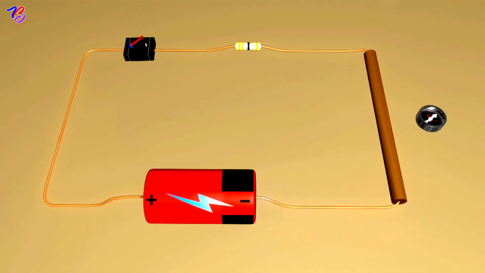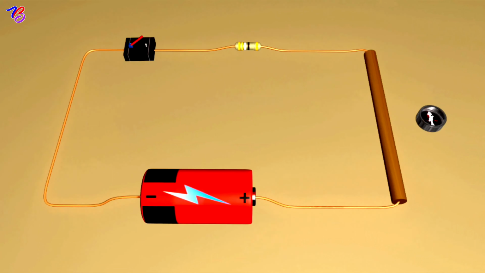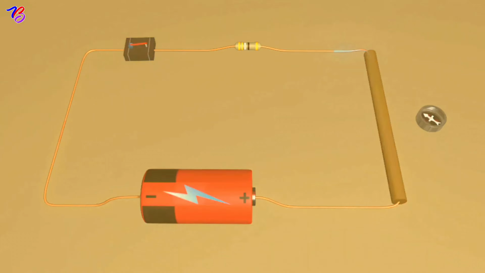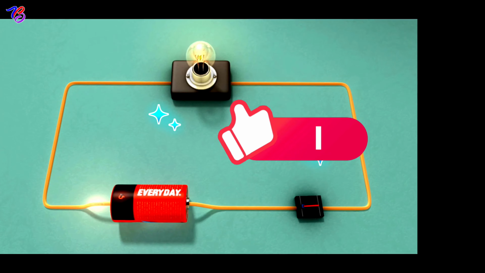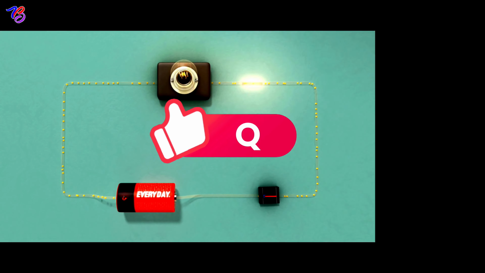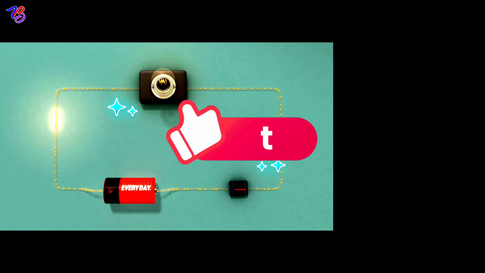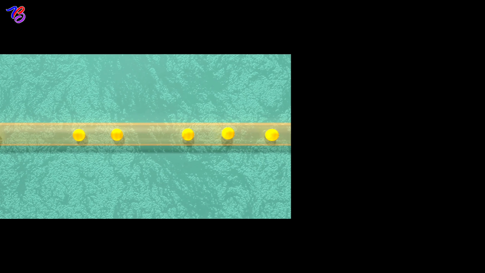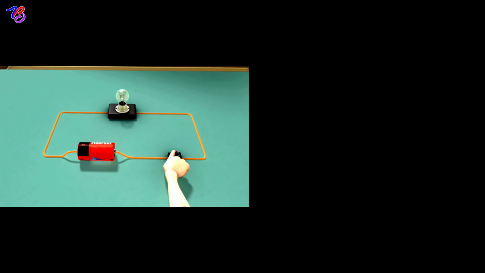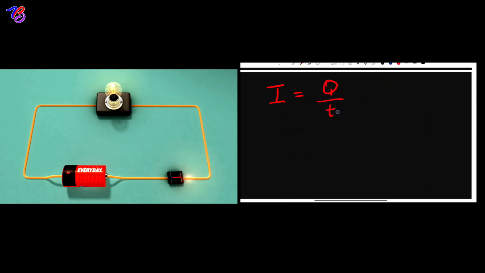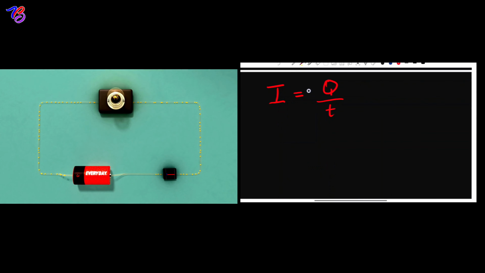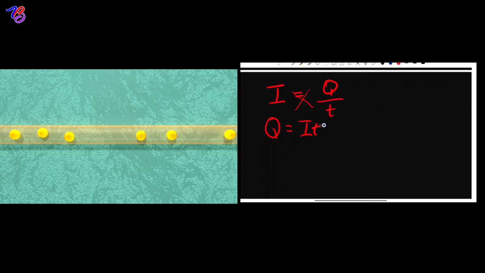The electric current is represented by letter I, the quantity of charge is Q, and time is T. Combining these, I is equal to Q over T, which denotes electric current as the quantity of charge per time.